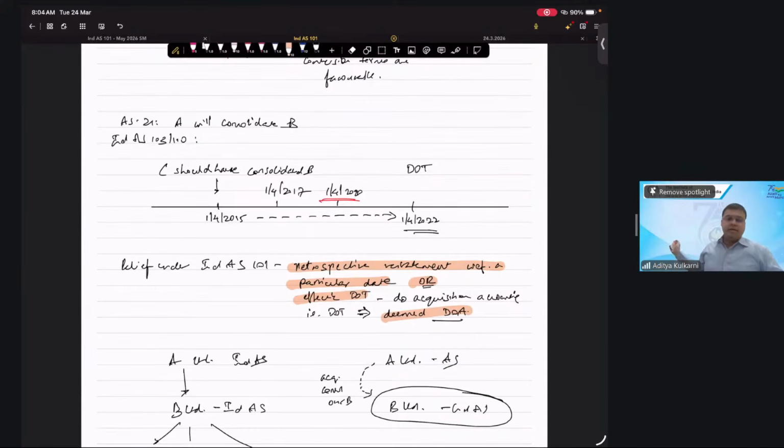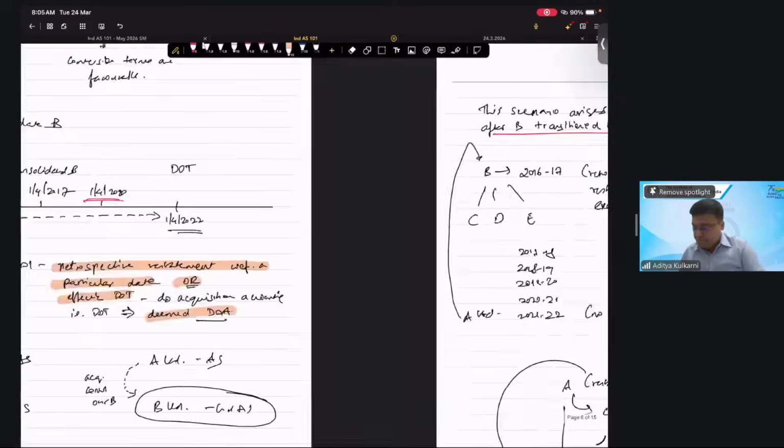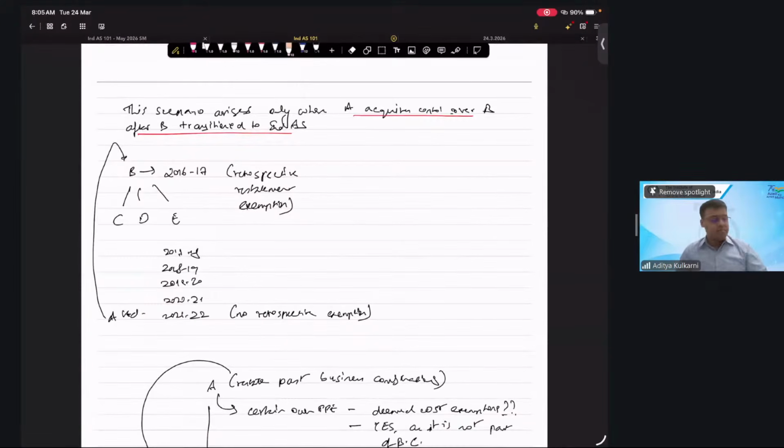Is it okay? Yes. So on the date of transition, whatever is the CFS, you don't have to really break your head on that. It will be there. But what is important is identifying that particular date. Okay? Any doubts here?